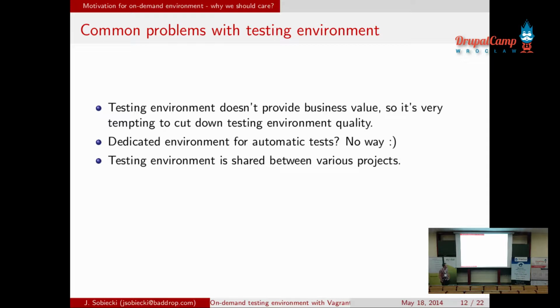On another project, there was a testing environment shared across a few very different projects, and it created some issues. For example, one project requires very old PHP 5.2, the second one requires PHP 5.4, with a different set of extensions, and unfortunately we had huge problems with that.